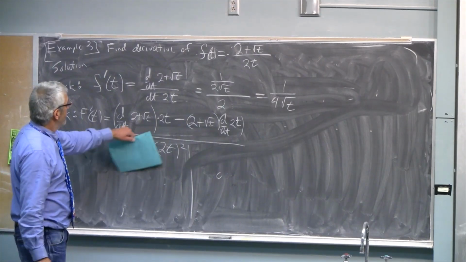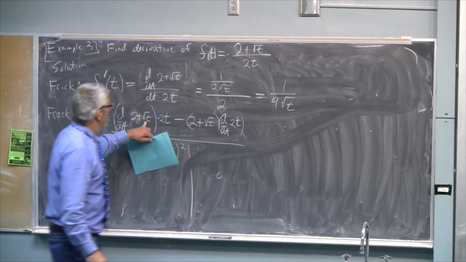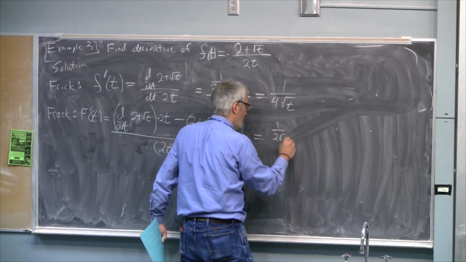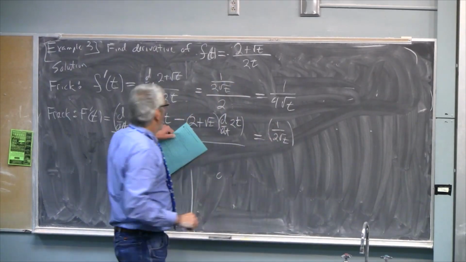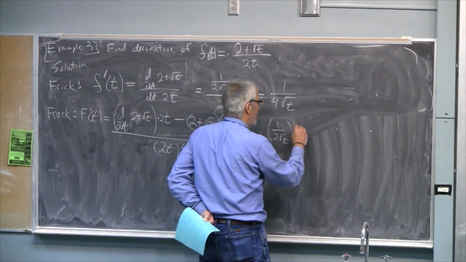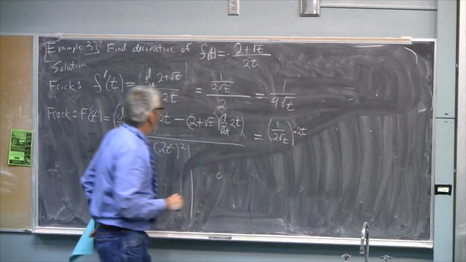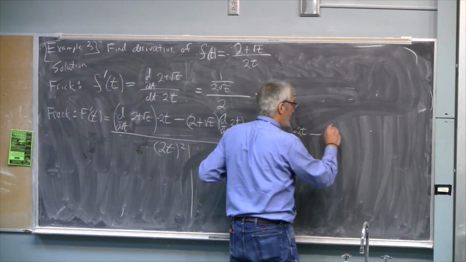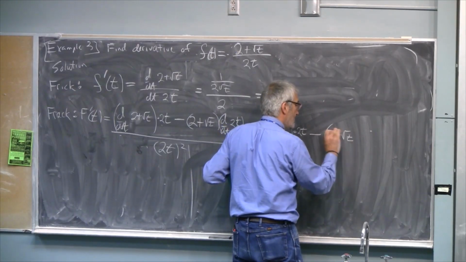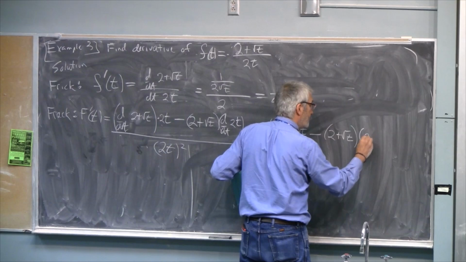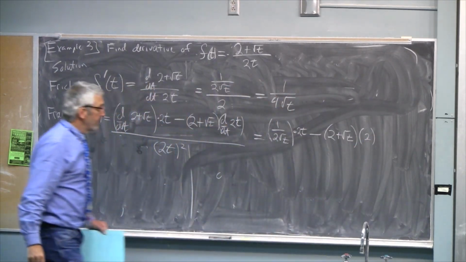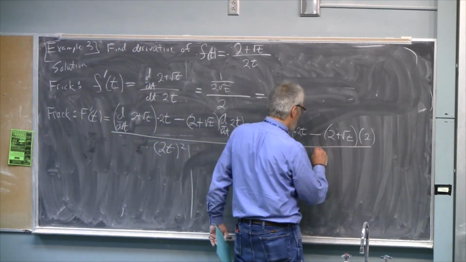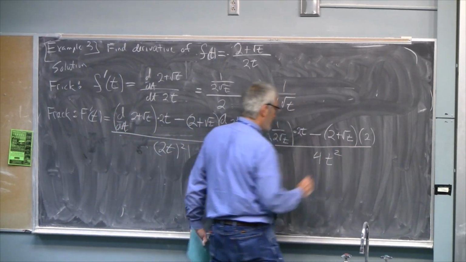Remember, the derivative of 2 is 0. The derivative of square root of t is 1 over 2 square root of t. So that's in the upper left corner, and then this is being multiplied by 2t. In the upper right, you get minus the quantity 2 plus square root of t times the number 2, because the derivative of 2t is the number 2. And on the bottom, the quantity 2t squared is going to be 4 times t squared.